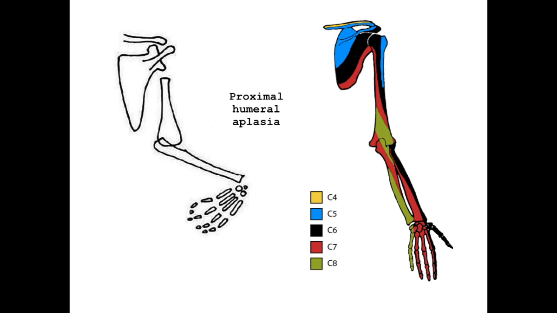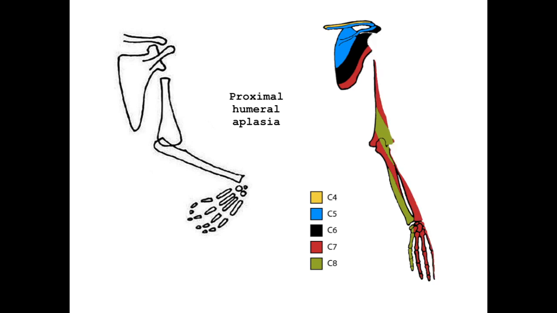Phocomelic arms present variants of this particular complex. The upper humerus has failed to form, and the humerus is reduced to a distal triangle based at the elbow. This is what happens when thalidomide deletes both the fifth and the sixth cervical nerves, blue and black.